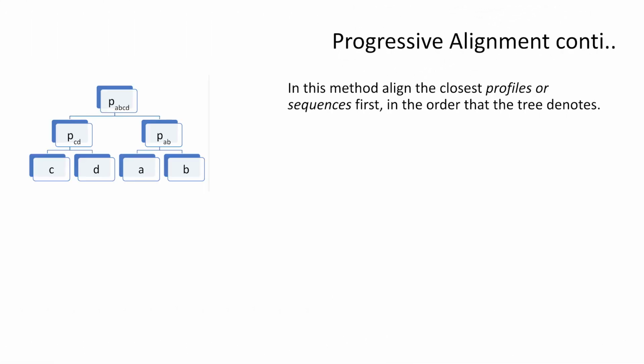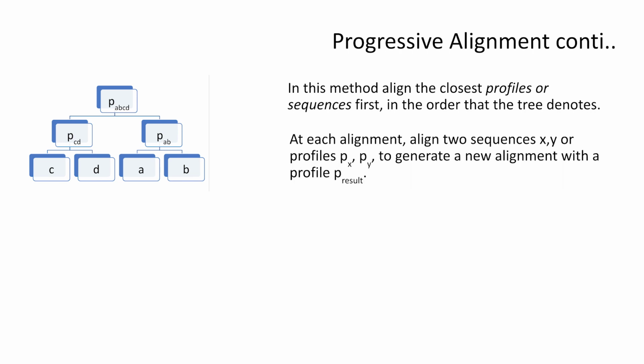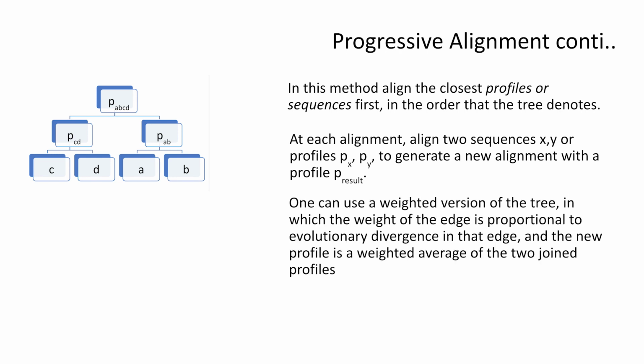As one can see in this hierarchy, in progressive alignment, align the closest profiles or sequences first. At each step, align two profiles, as in this figure, x and y are profiles p_x and p_y, to generate a new alignment with a profile p resulting. One can use a weighted version of the tree in which the weight of the edge is proportional to evolutionary divergence on that edge, and the new profile is the weighted average of the two joined profiles.